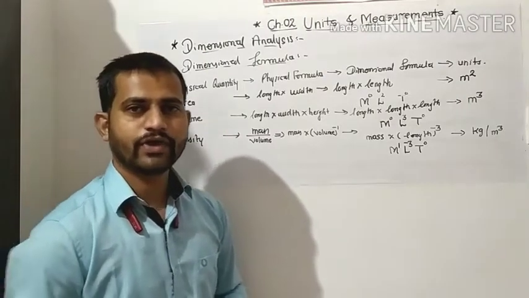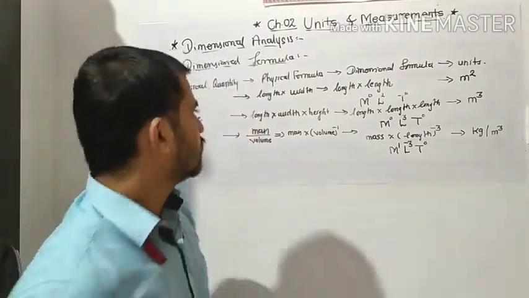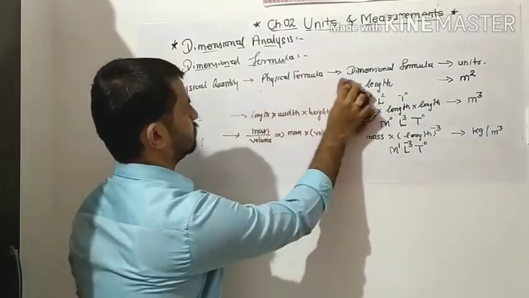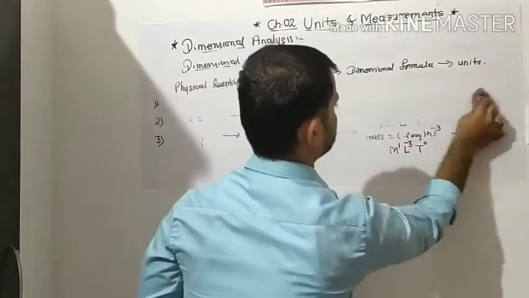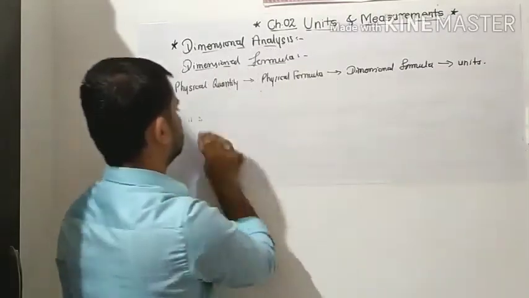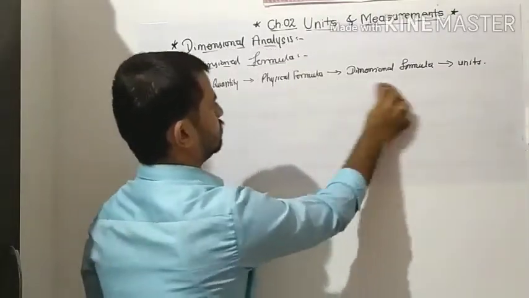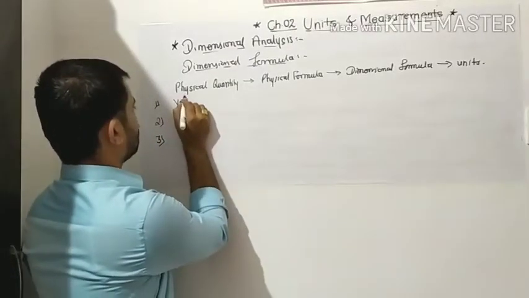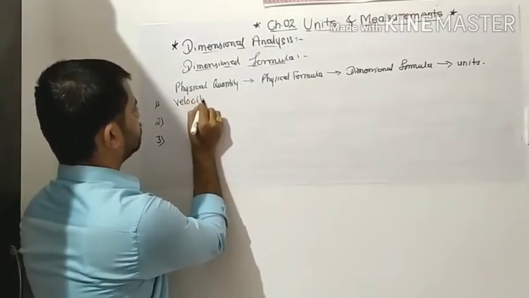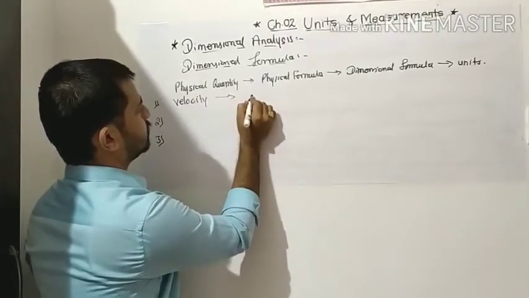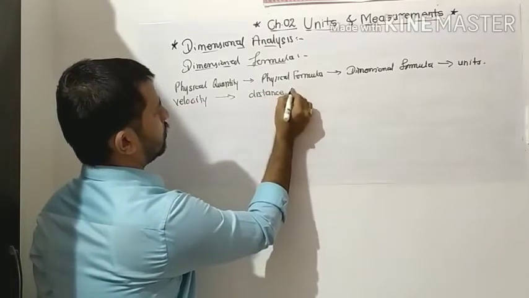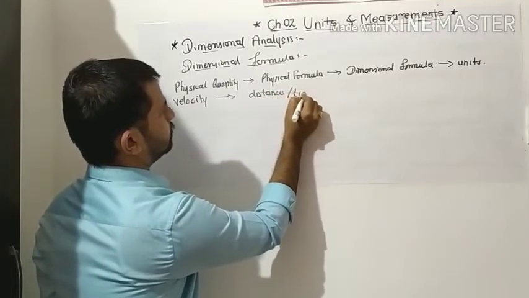Similarly, if we go for the velocity, how is the velocity given? The physical formula is distance upon time.